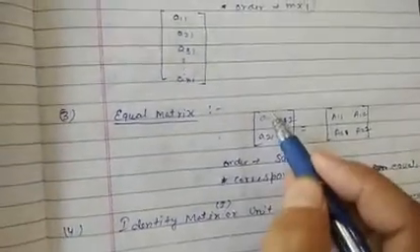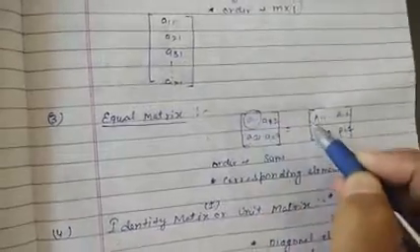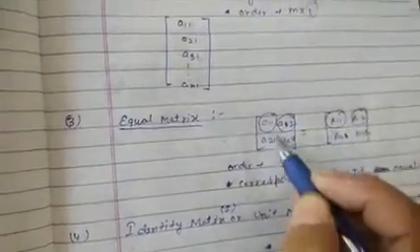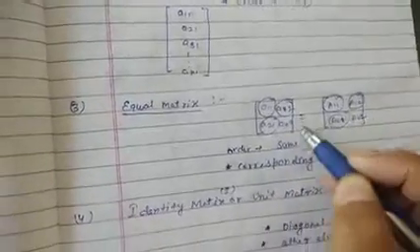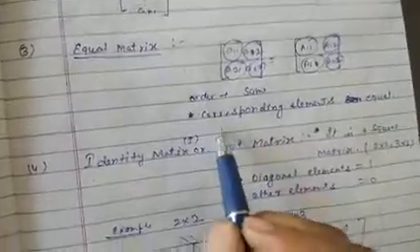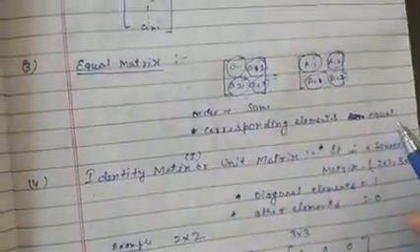So this element is equal to this one, and this is equal to this one, and this one is equal to this one. So according to the condition, the corresponding elements are equal.